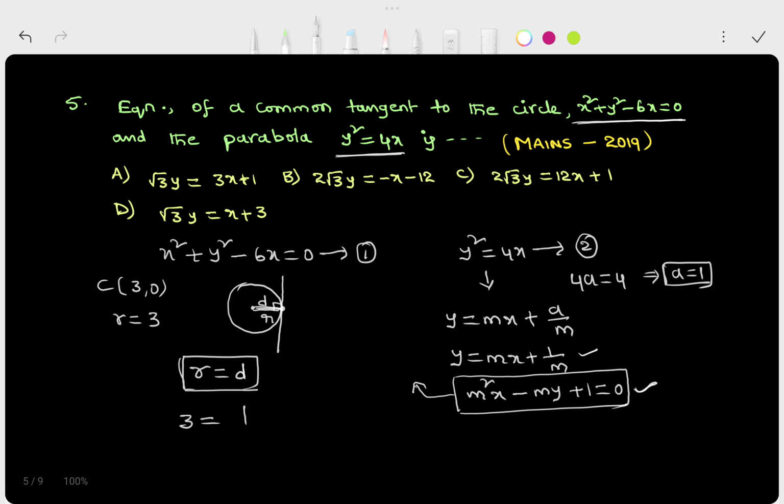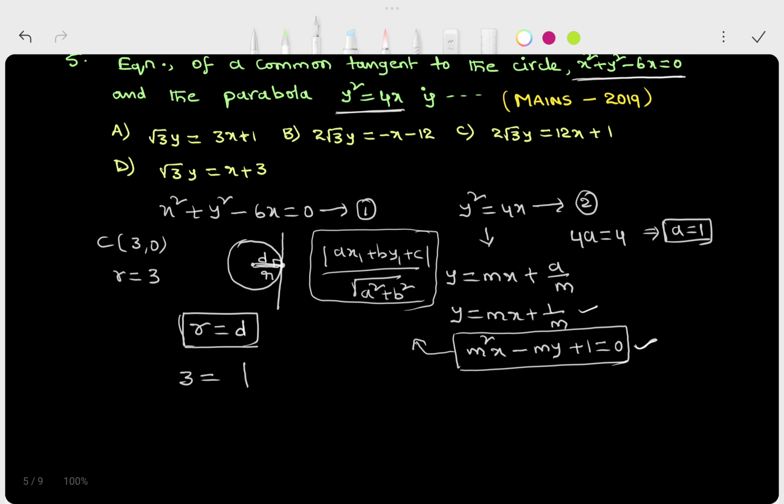So the modulus of the perpendicular distance formula is: modulus of a x1 plus b y1 plus c, whole divided by root over a squared plus b squared. This is the perpendicular distance from the point (x1, y1) to the line ax plus by plus c equals 0.